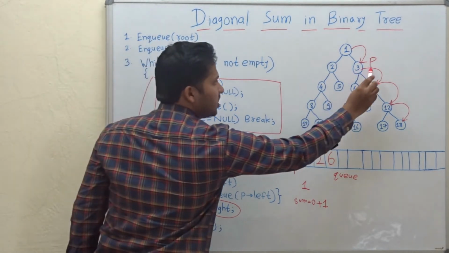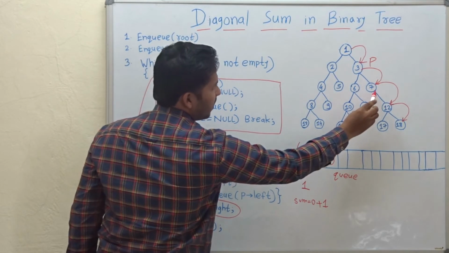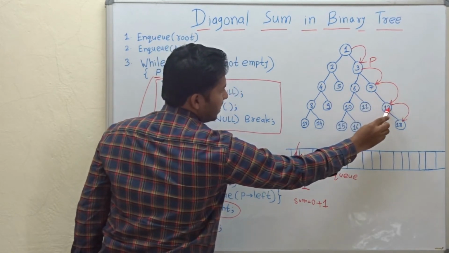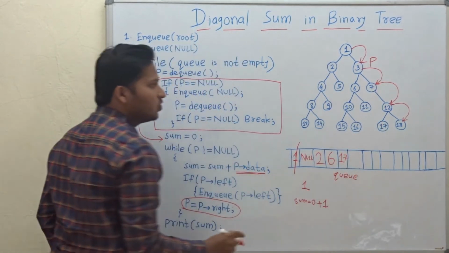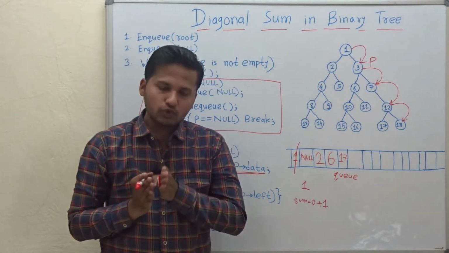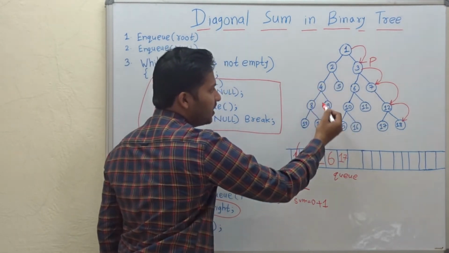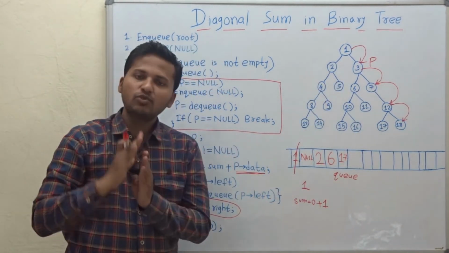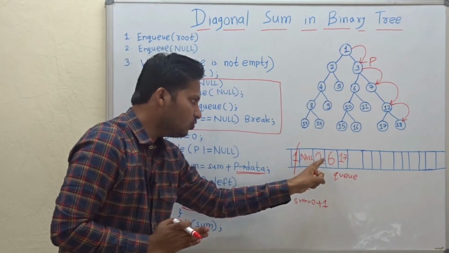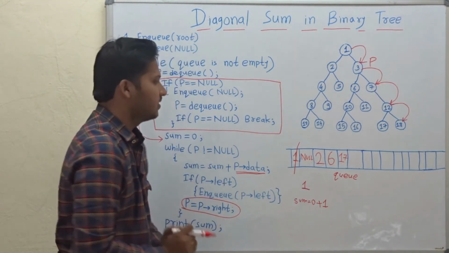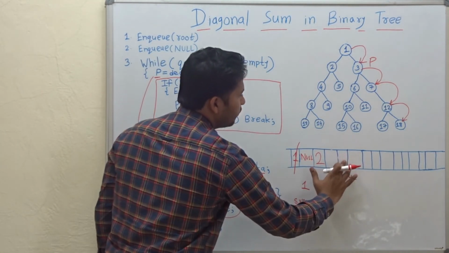Yes. Now jump to the right child 7. Does it have left child? No, it doesn't have. Again jump to the right child 12. Does it have left child? Yes. So enqueue that left child. So the summary is that you have to go through the right child series of every diagonal, and while going through the right child series, if any node has a left child, then just enqueue that left child. Yes, now we will execute the algorithm and you will see how we move further.